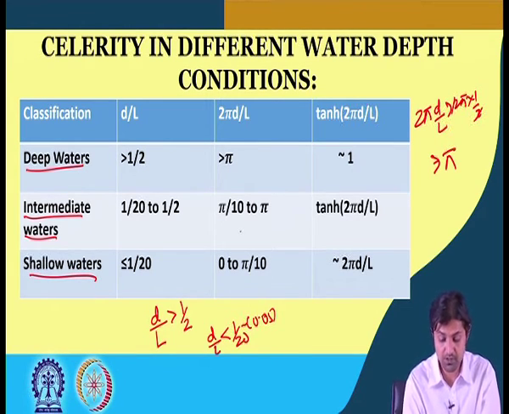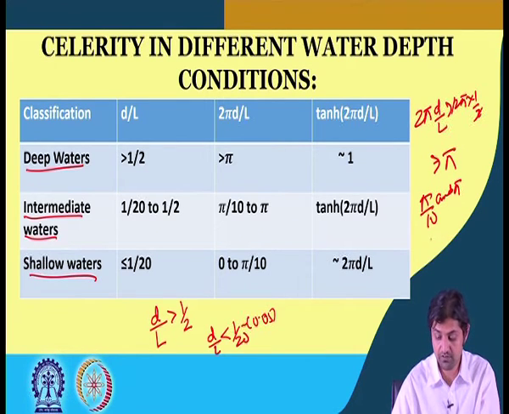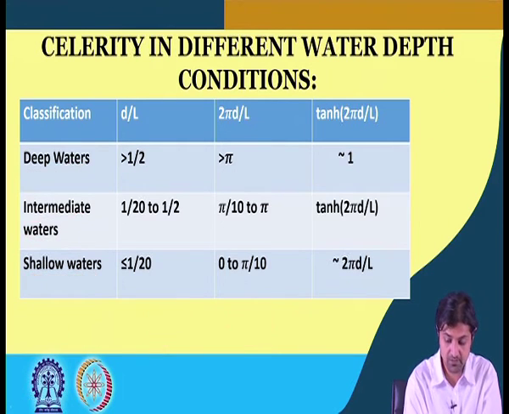Similarly, for intermediate waters, 2 pi d by L will be between pi by 10 and pi, and for shallow waters, it will be from 0 to pi by 10. Very simple to calculate yourself.